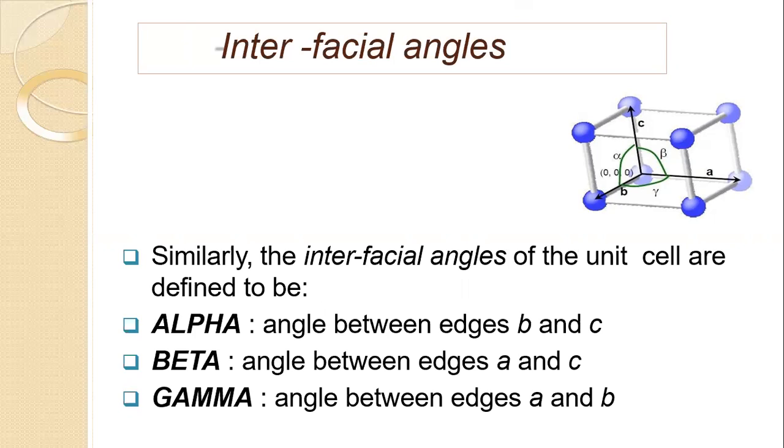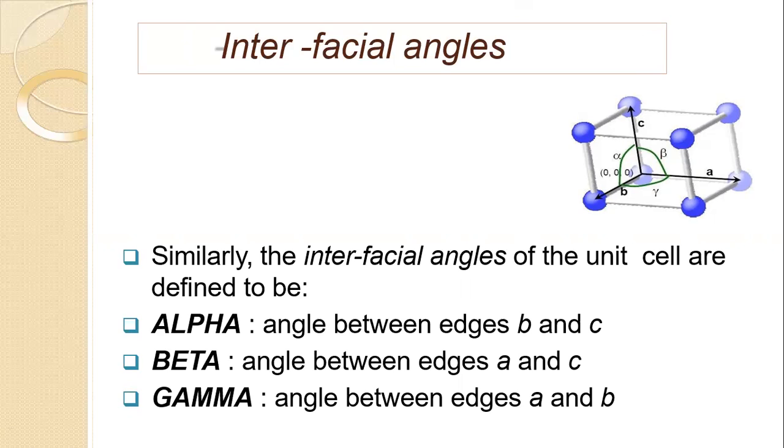There you can see the 3 axes, that is A axis, B axis and C axis. So A, B, C are the 3 axis lines. The angle between the A and C axis lines is beta.